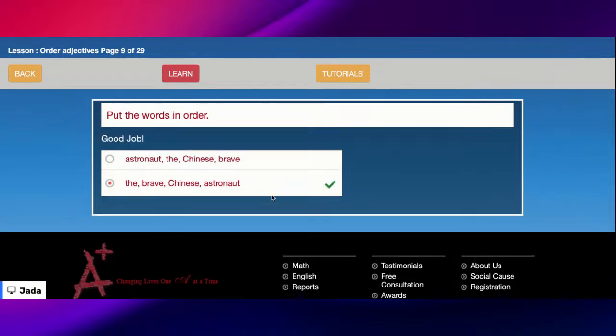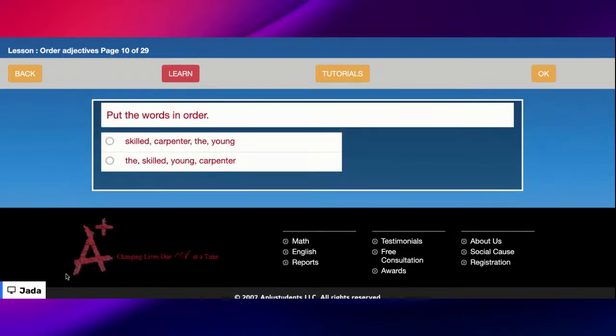All right, great, guys. Skilled, carpenter, the, young.